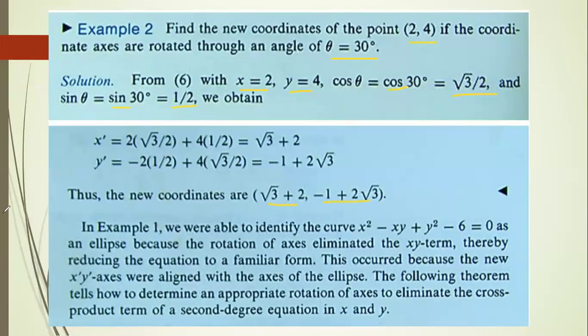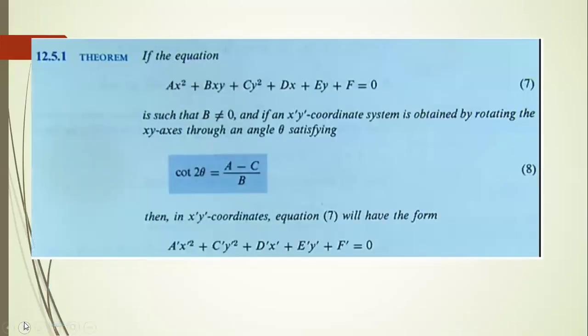All right, so that one was basically very simple. But now we come to this equation here. And this equation could tell us what the rotation is in case we are not given the angle of rotation.